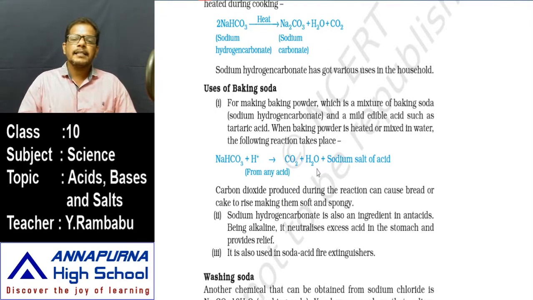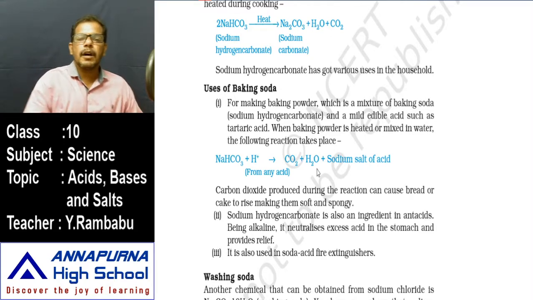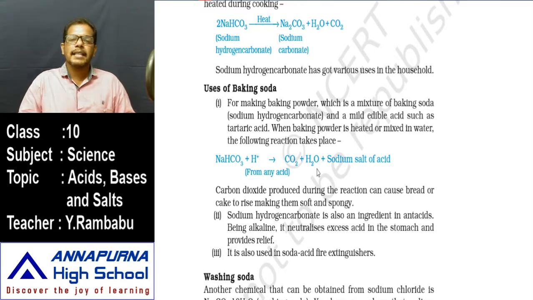If the mixture of sodium hydrogen carbonate and tartaric acid, what we call baking powder, is mixed to cook the food materials, then sodium tartrate salt is formed. This sodium tartrate has a pleasant odor, a pleasant smell. That's why the bakery items are very good in taste.